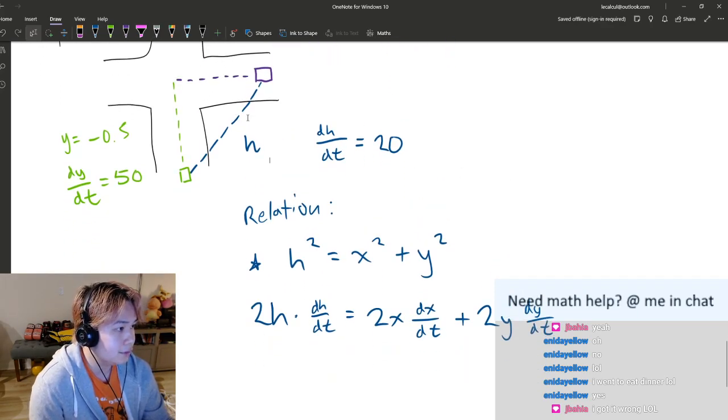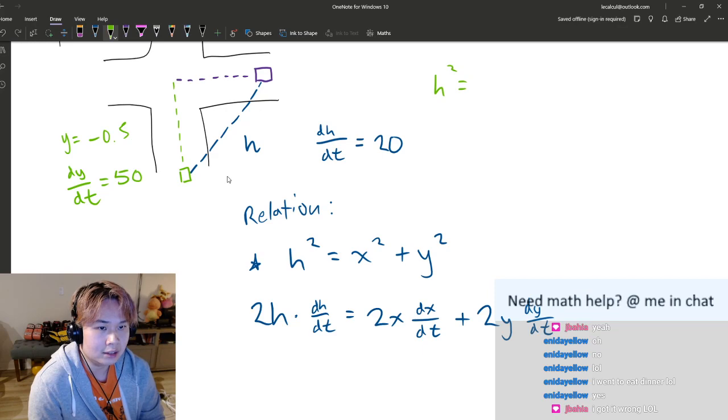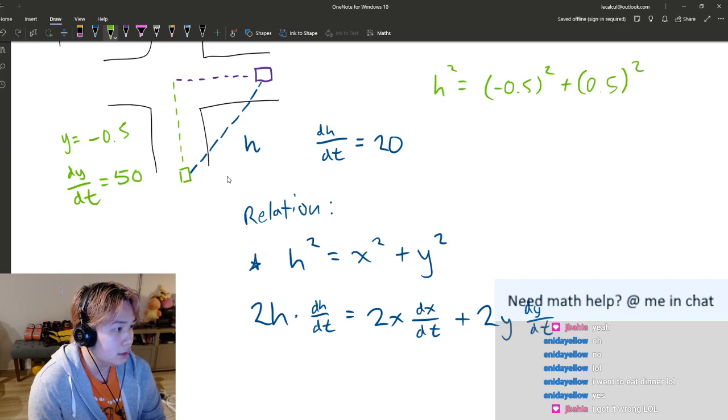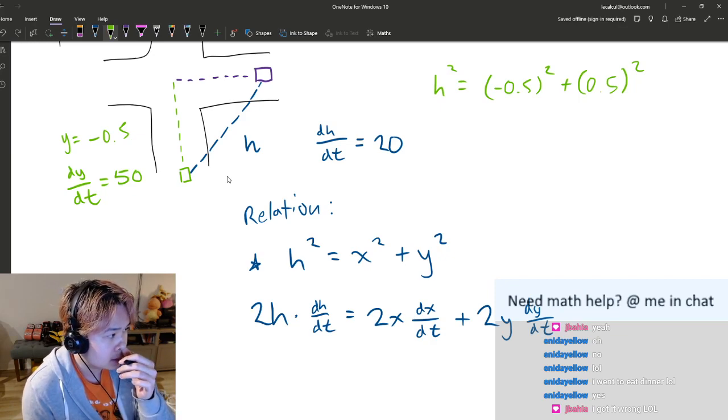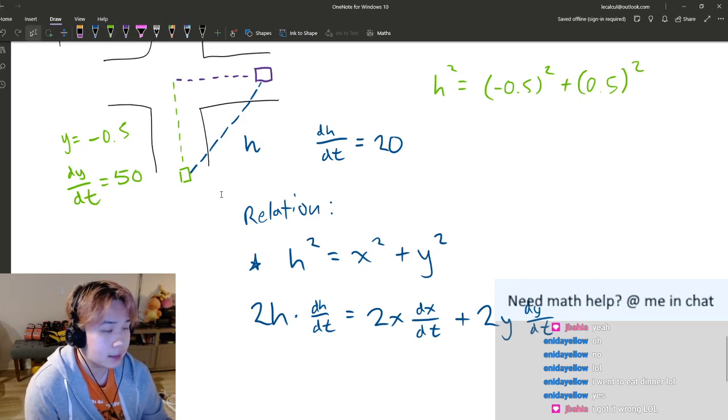Okay, well first off, you need to figure out this last variable h, right? So h squared is equal to negative 0.5 squared plus 0.5 squared. Do they tell you to keep things exact?